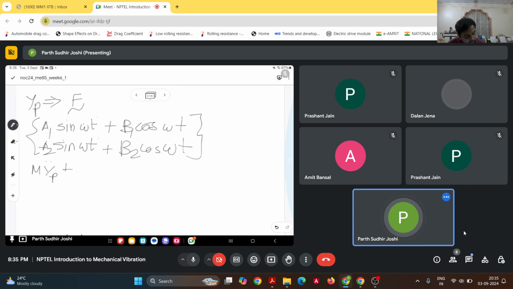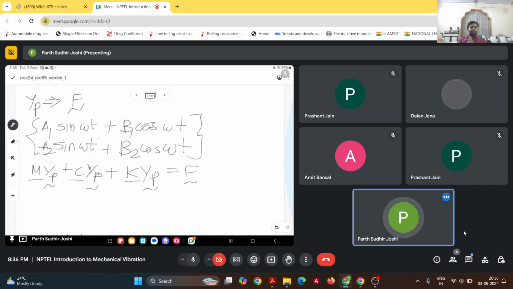So we write m yp double dot plus c into yp dot plus k into yp is equal to the harmonic forcing F. So we can derive the particular solution yp from this matrix equation by assuming this sinusoidal form of yp.